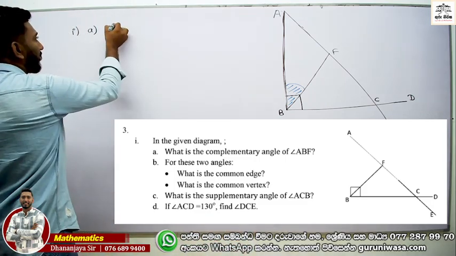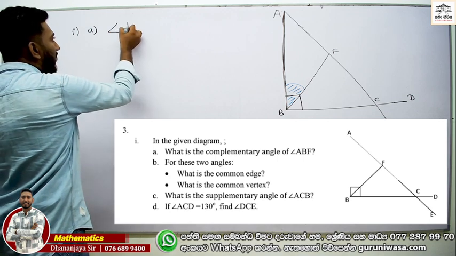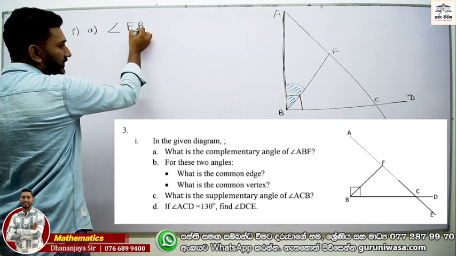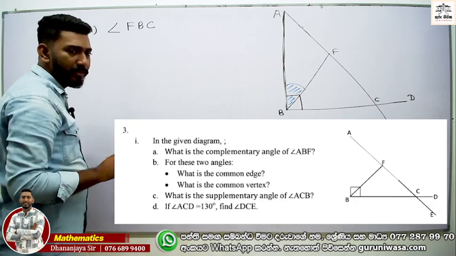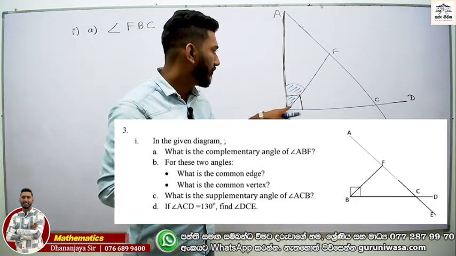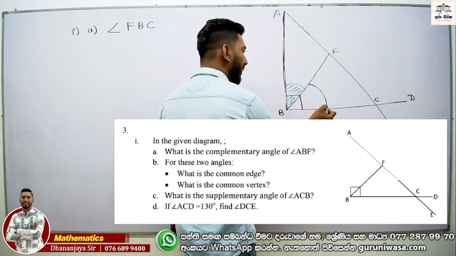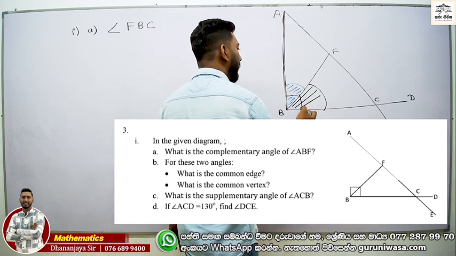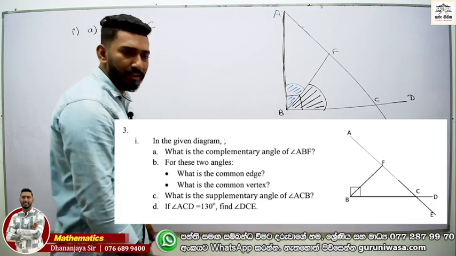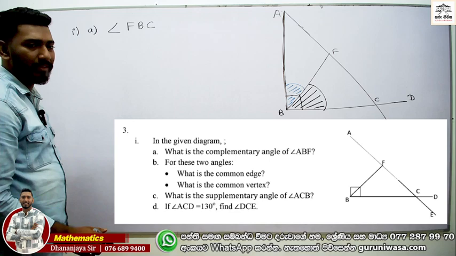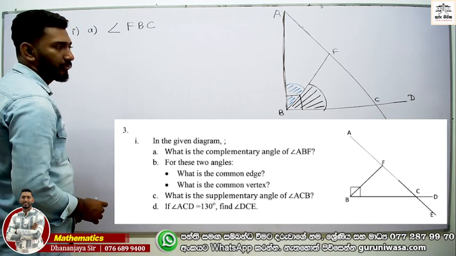You can write it as angle FBC. Understood? This piece, the black color piece, is the complementary angle. Because that is 90 degrees, right?